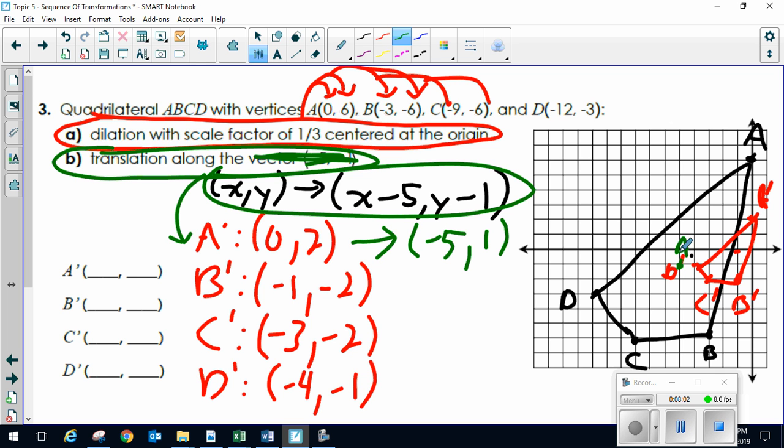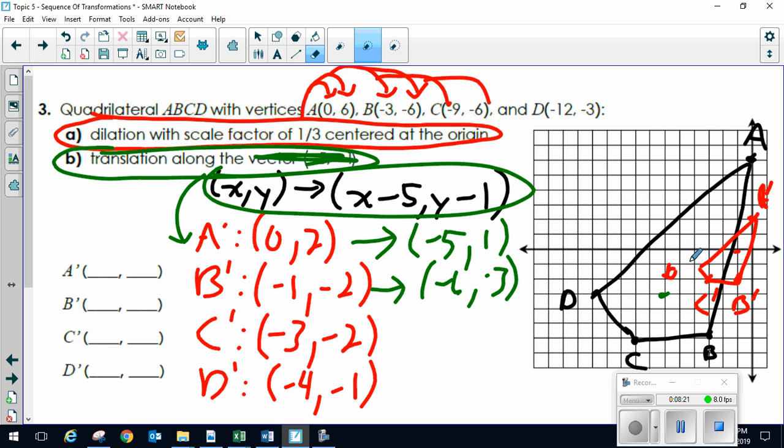So that's my A double prime. Oh, sorry. A is at 0, 1. I wrote 1, or negative 5, 1.